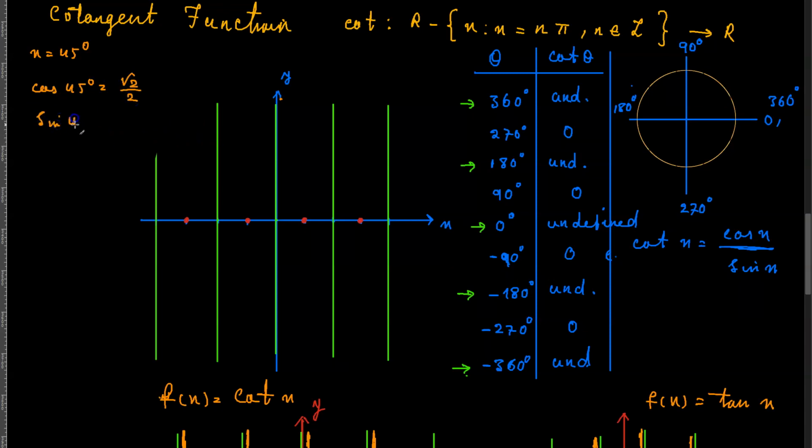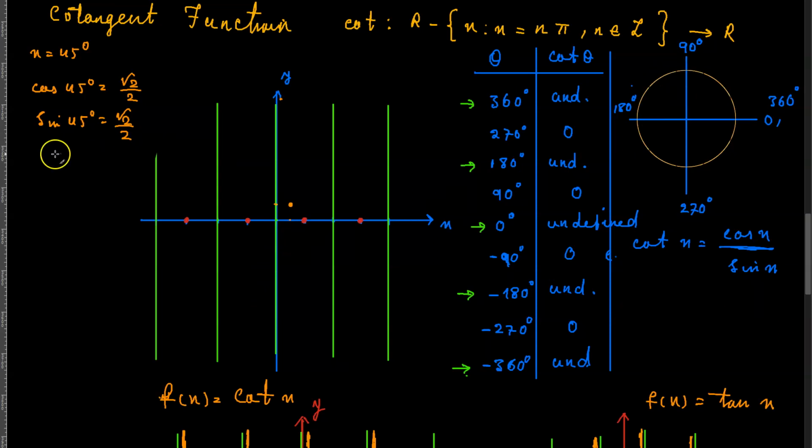Sine of 45 degrees is equal to square root of 2 over 2, which means that at 45 degrees, your output is going to be exactly cos of 45 degrees over sine of 45 degrees, which is exactly equal to 1, which means that your output is exactly at 1.